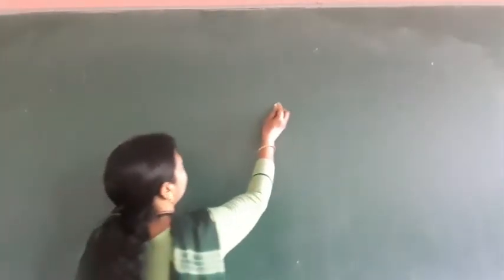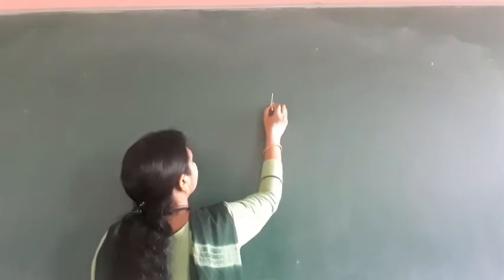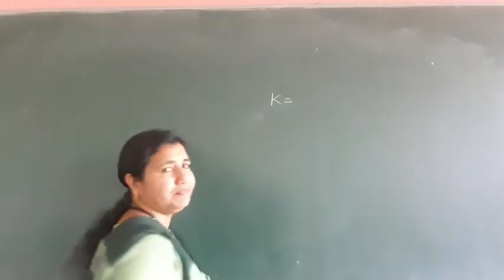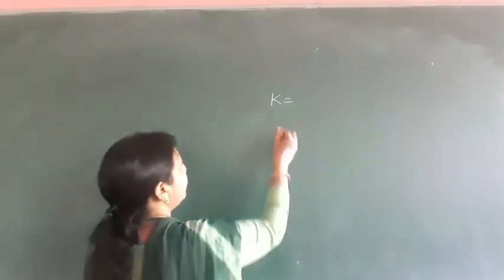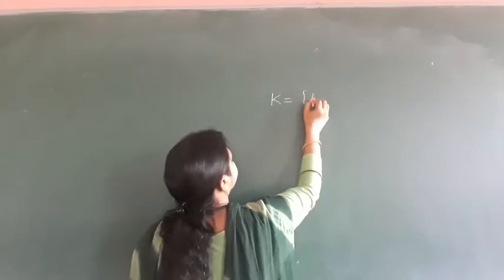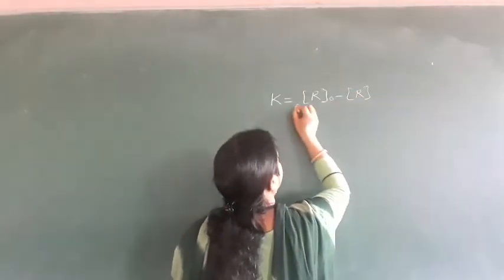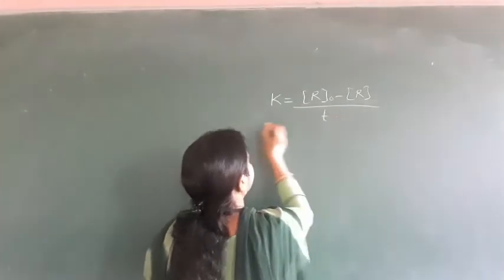So we should be perfect for the formulas first. For zero order reactions, what is the rate constant formula we have here? K is equal to R naught minus R divided by t. This is for zero order.